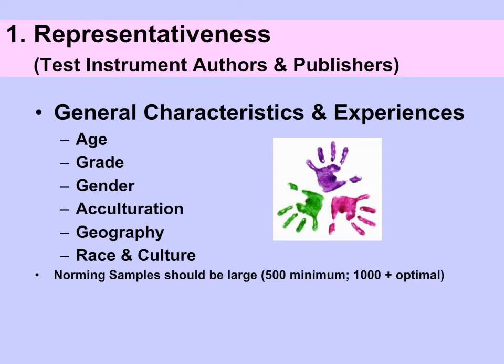So in the USA, test publishers must look at national statistics and match the population. For example, if the USA population includes 10% Native American, 25% African American, 45% Hispanic American, then the norming group should use those same percentages.